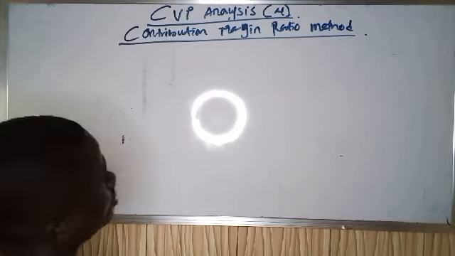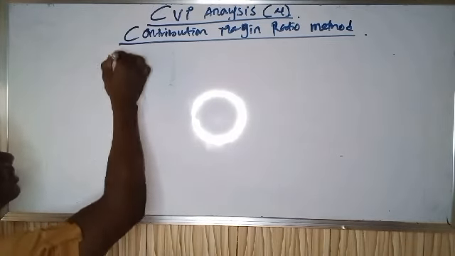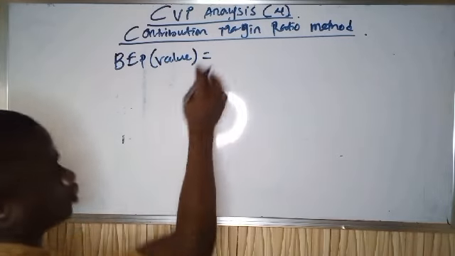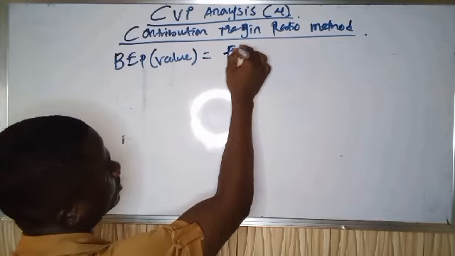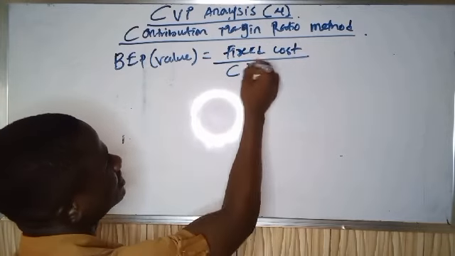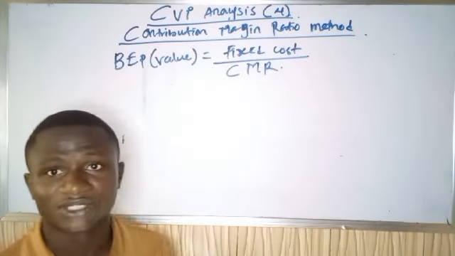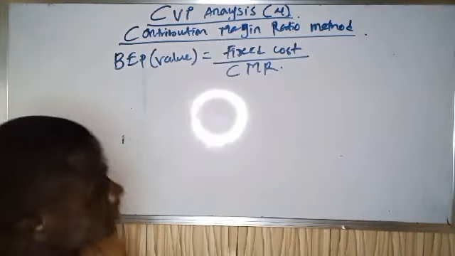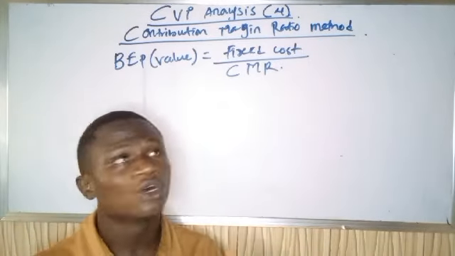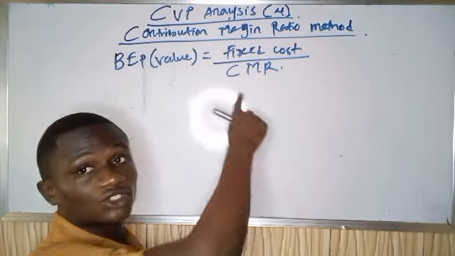And don't forget that if you want to calculate the break-even point in value, I said it in my last video before this, that the break-even point in value is also equals to fixed cost divided by your CMR. I said it in my last class. That's why you need to watch the video before this. If you want to calculate break-even point in value straight away, your fixed cost divided by your contribution margin ratio.